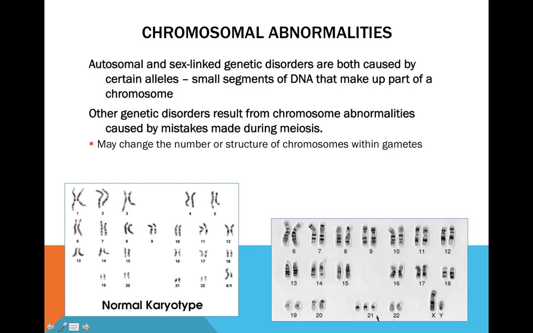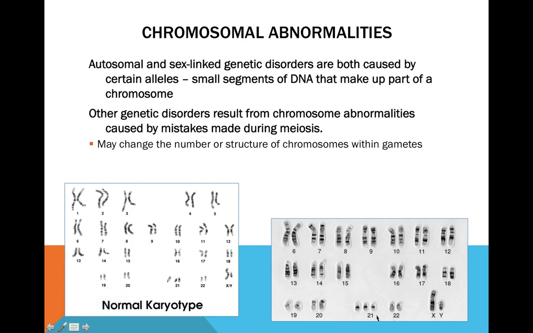Now, with chromosomal abnormalities, we normally see either autosomal or sex-linked disorders that can be affected by both of these. One of the most common ones, well, first let's look here at a normal karyotype.